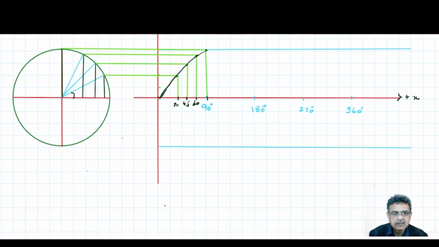A similar curve as it is here, moving this way, we can find approximately the same type of curve, and then you can see at this point equivalent to this one here, that will be approximately 120 degrees.